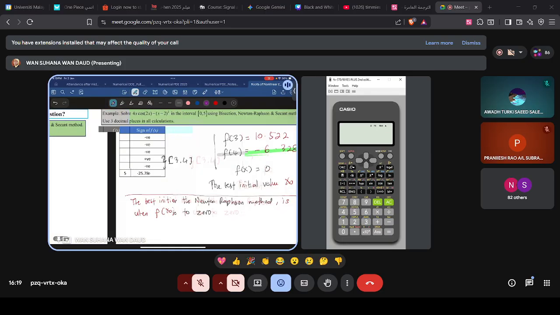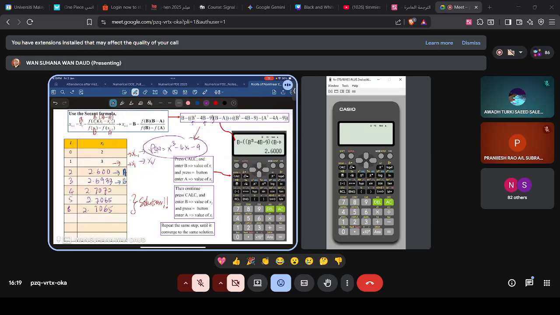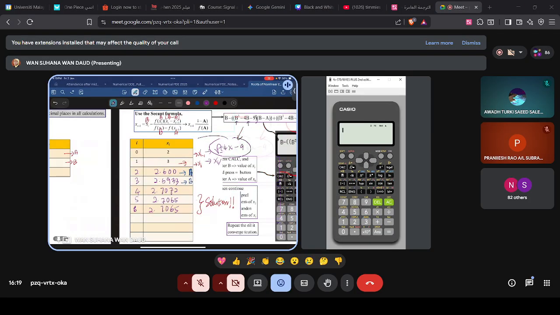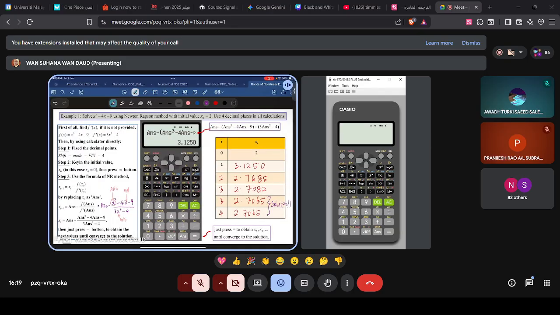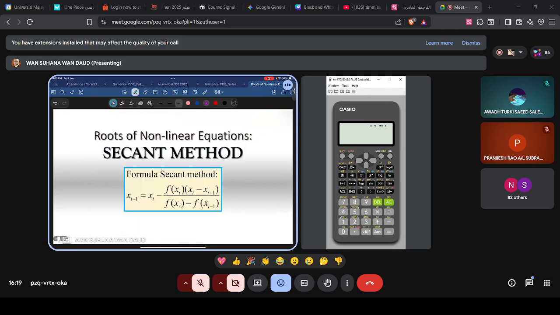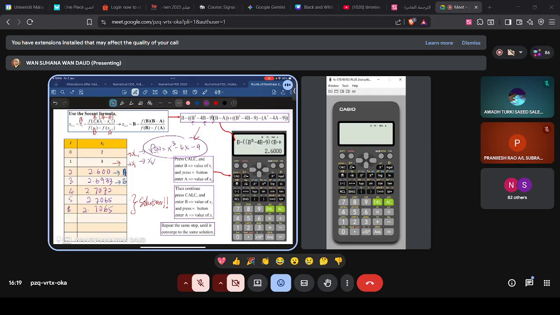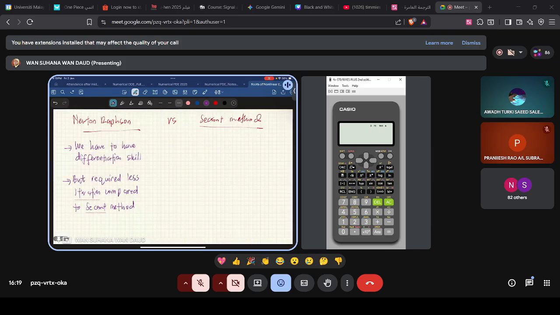As we can see, we solved the same question just now: the second method reached the solution at iteration number 6, but Newton-Raphson at iteration number 4. So Newton-Raphson requires less iteration compared to the second method. However, we have to have the differentiation skill.